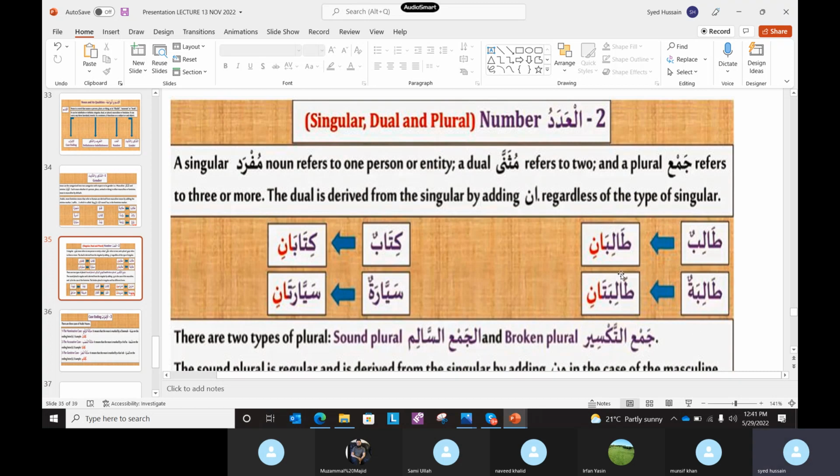So talibata, this ta is defining that we are still talking about girls, and ani means that we are talking about 2 girls. So this ta marbuta is changed to normal ta, and this alif and noon added with it is telling us that we are talking about 2, right?